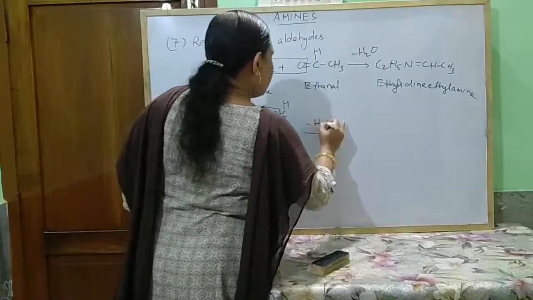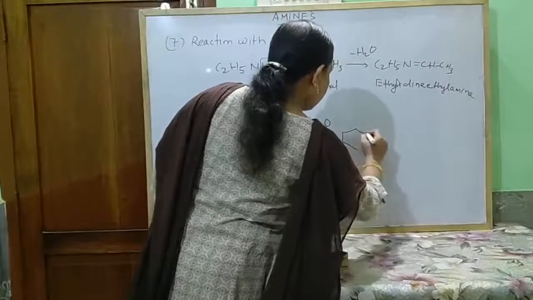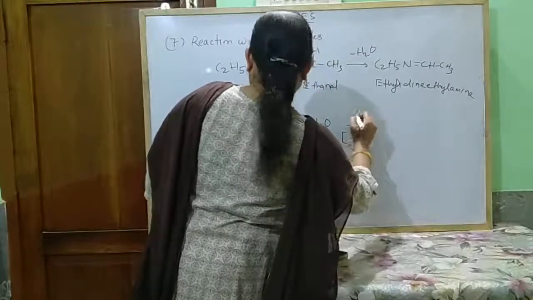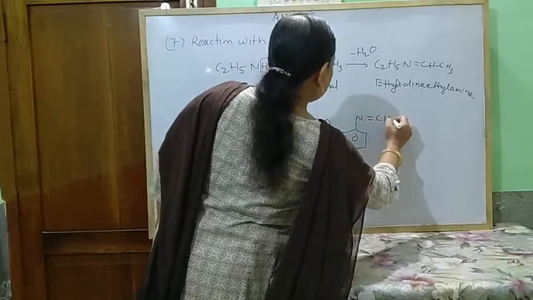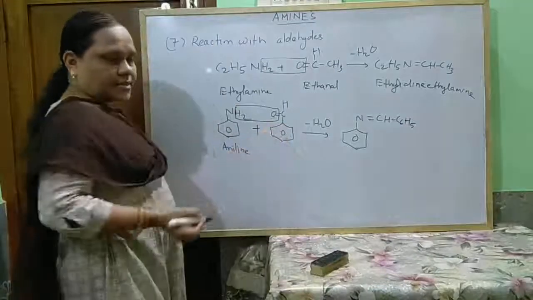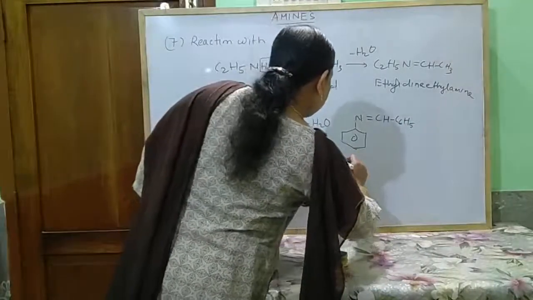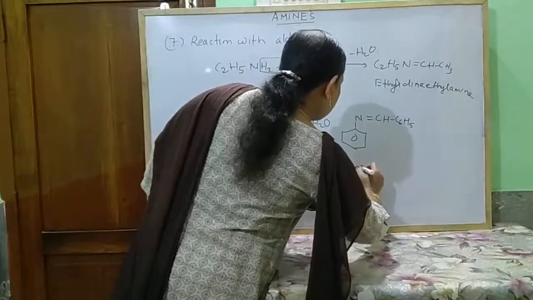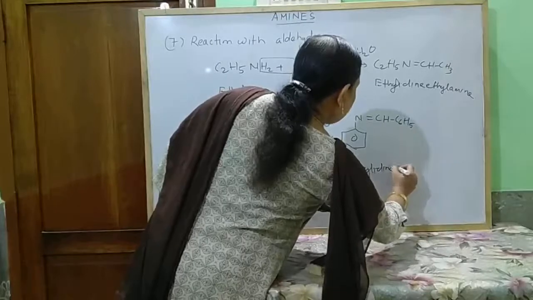This is one type of condensation reaction. It gives rise to N=CHC6H5. The name of this compound is benzylidene aniline.